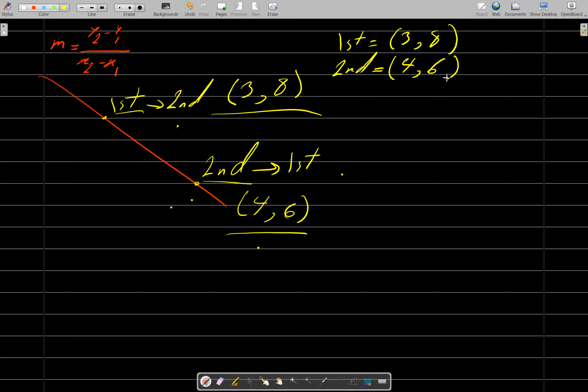So as you see here, we have a y2 and a y1 and an x2 and an x1. So I'm going to name it again. Because this is our first one, it has a 1 here, so I'm going to choose this one as our first. So this is our x1 and this is our y1. And because this is the second and has a 2, I'm going to name it with the 2. So this is the x2 and this is the y2.